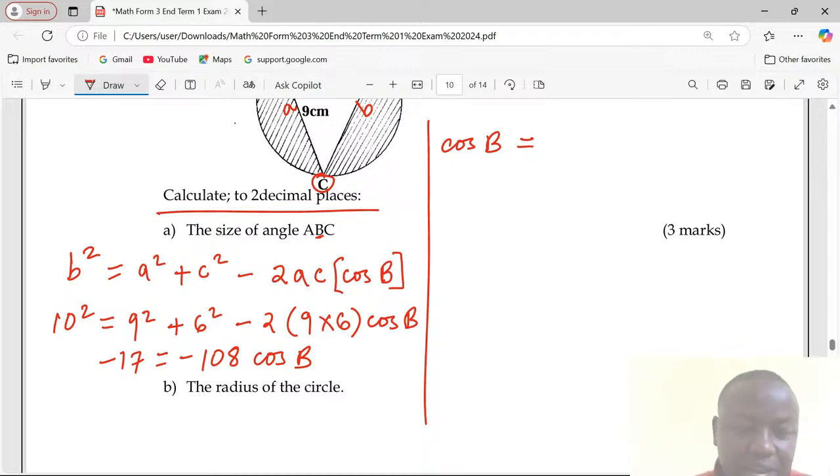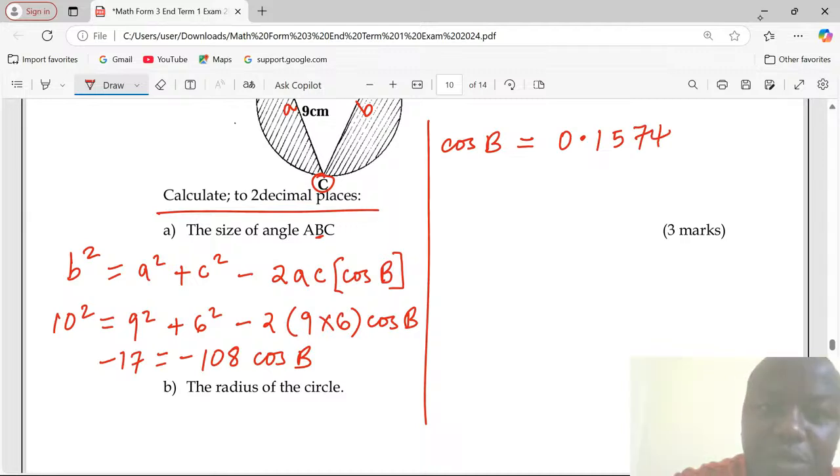When I divide the two, the negative cancels, and this becomes 0.1574. This means for me to get the value of B, I need to obtain the cos inverse of 0.1574.